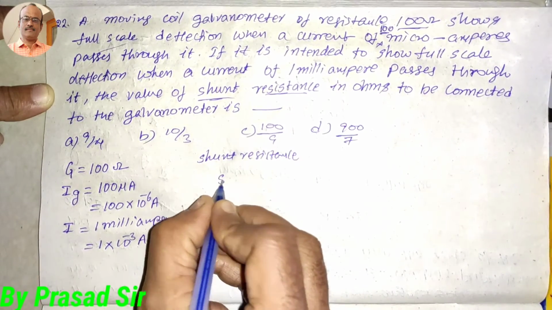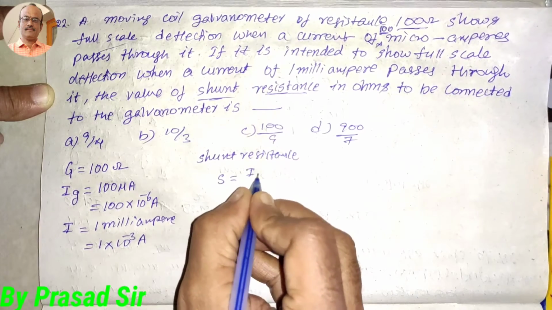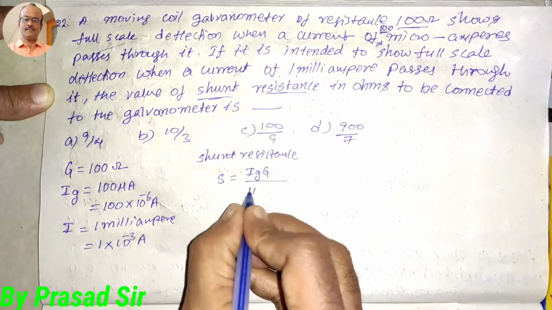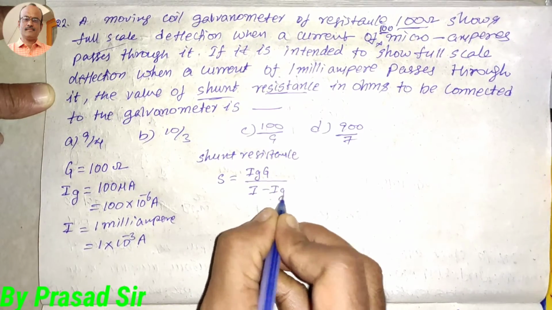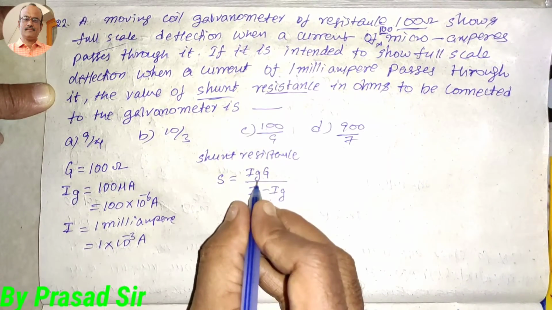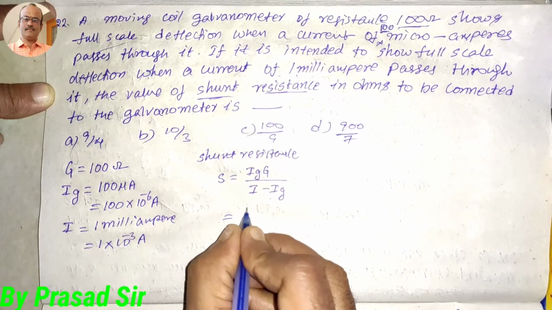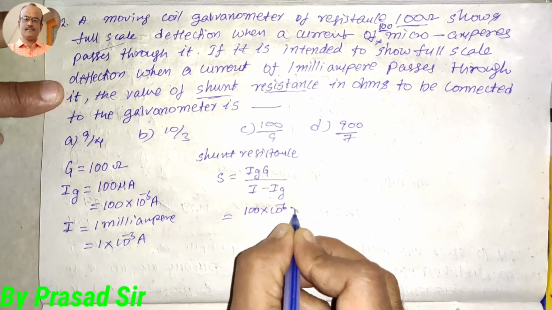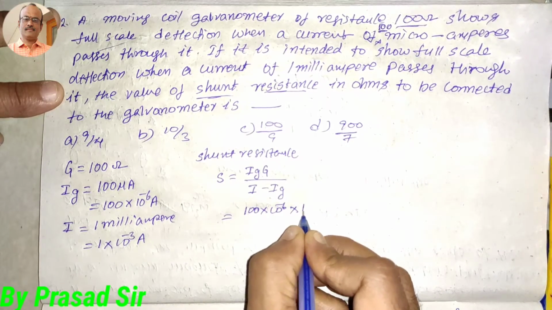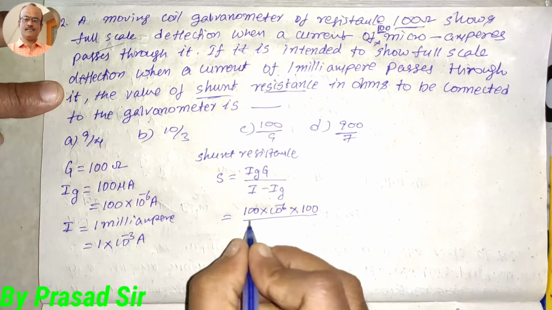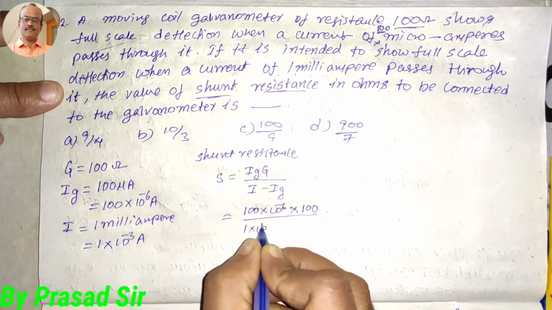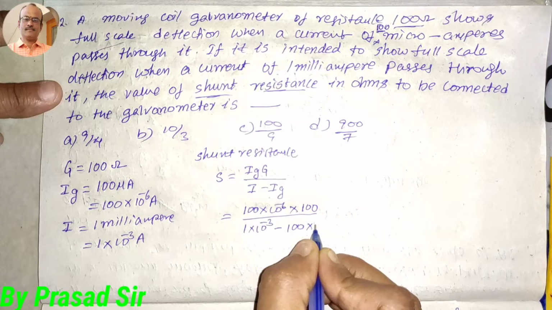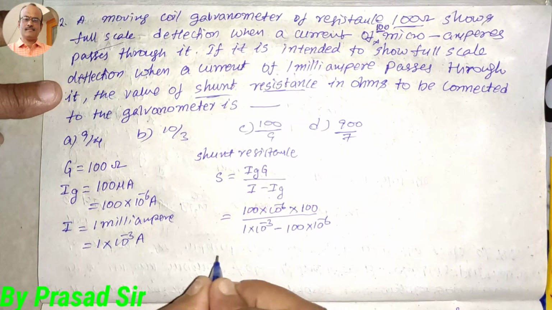So shunt resistance S is equal to Ig times G divided by I minus Ig. So here the current through the galvanometer is 100 into 10 to the power of minus 6, into galvanometer resistance 100, divided by 1 into 10 to the power of minus 3 minus 100 into 10 to the power of minus 6.